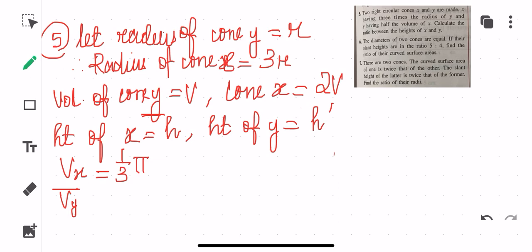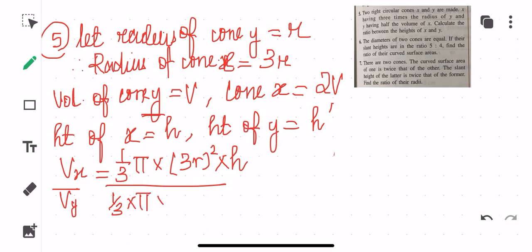You have taken as 3 into r. Okay, so first we will be writing down normal formulas, children. So we will be taking this as 1 by 3 into pi into 3r square into h, you have taken as h, divided by 1 by 3 into pi into, for this the radius you have taken as r, r square into h dash.